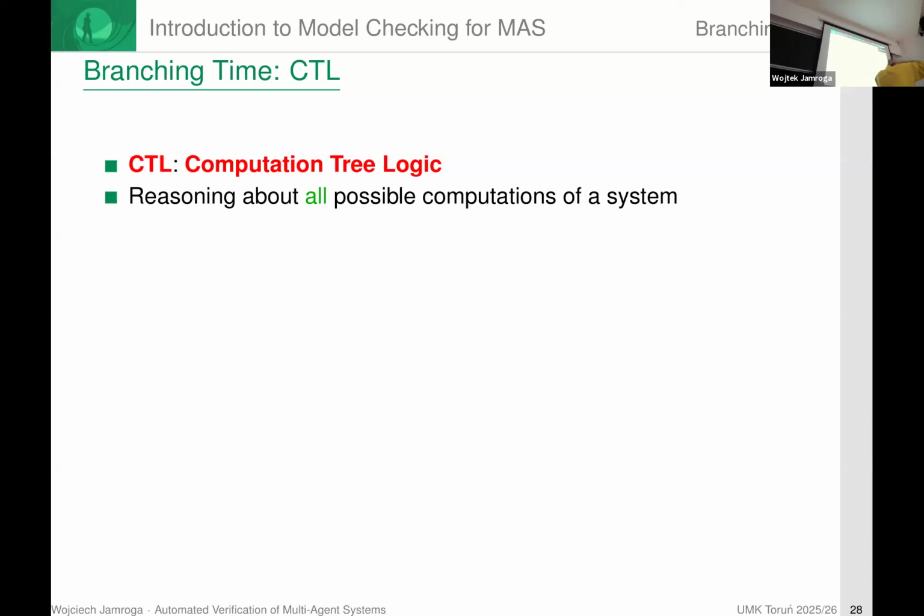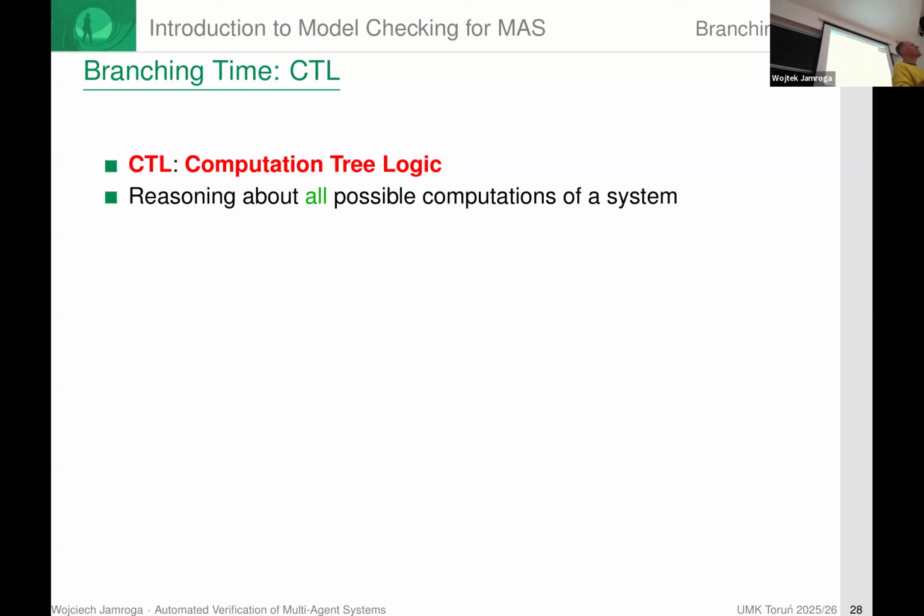Okay, so let's move on to branching time logic. There's something called CTL, computation tree logic. So we are already moving into more ugly logic names. You might recall that linear time logic was created by philosophers, logicians, and linguists.